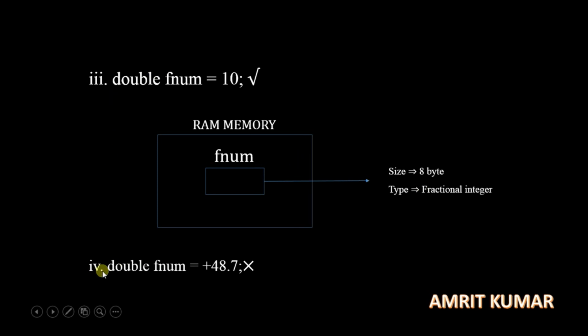Okay. Next, moving on to another example, we are creating the fnum again, which is a variable and type is double.